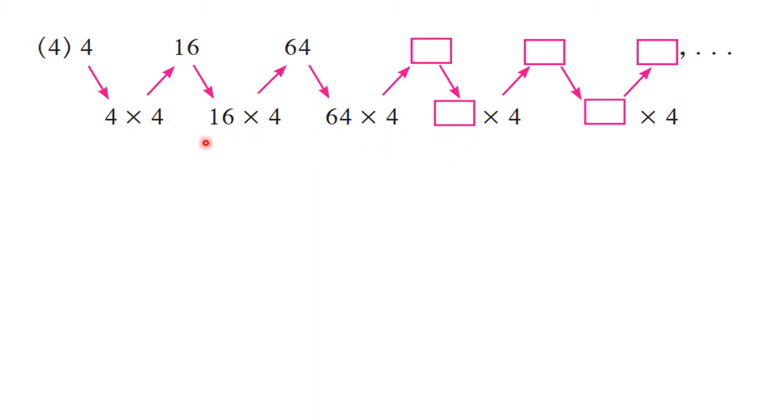So here we are getting the next term by multiplying the previous term. Such a sequence is called a geometric progression. See, there we were getting the next term by adding a definite number, and here we are getting the next term by multiplying by a definite number. So such a sequence is called a geometric progression.